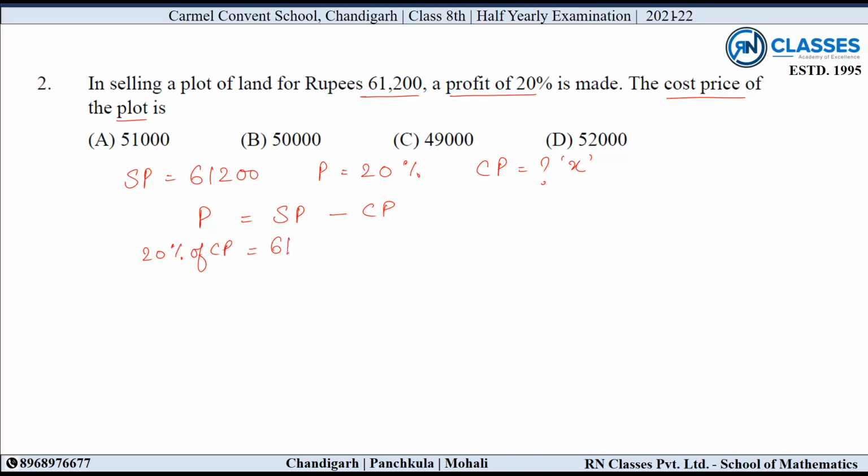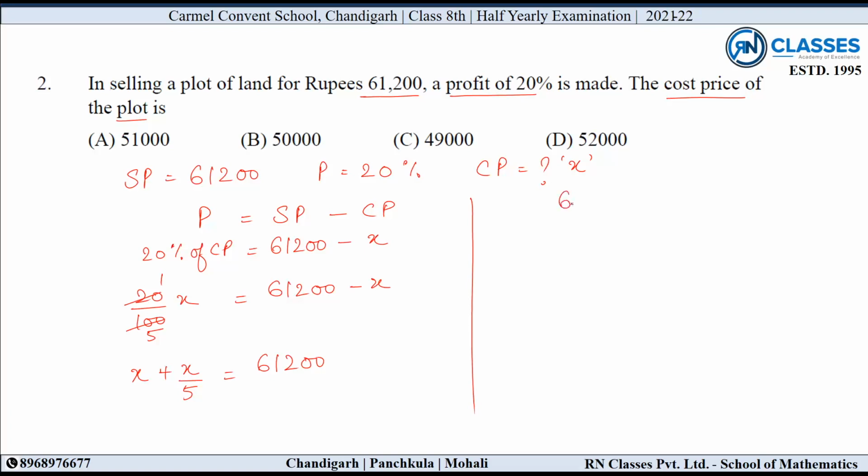So profit is 20% of cost price, of course. Selling price is 61,200 minus cost price X. So 20% of X is equal to 61,200 minus X. Change the side of X. X plus X by 5 is equal to 61,200. X plus X by 5 is 6X by 5 equals 61,200.